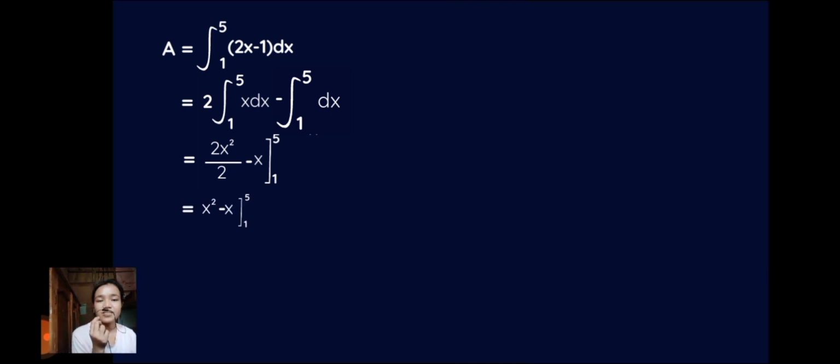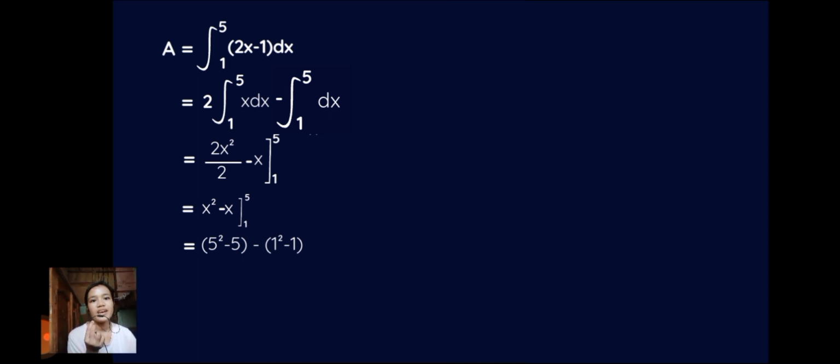But before that, we can divide 2 by 2, so that is 1. So, we get x squared minus x. Then, 5 squared minus 5, then minus 1 squared minus 1.